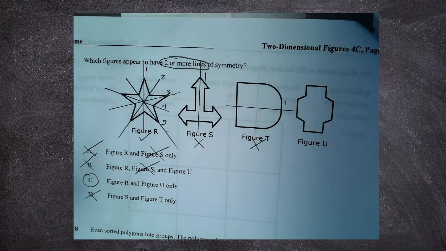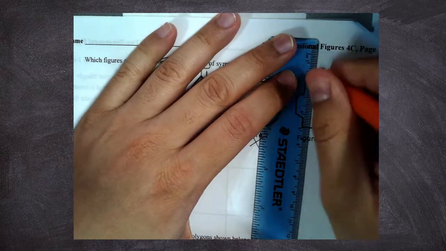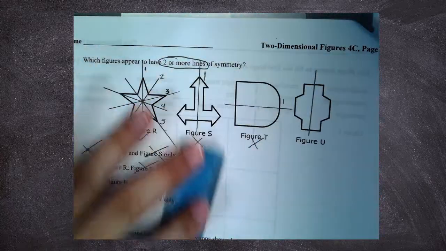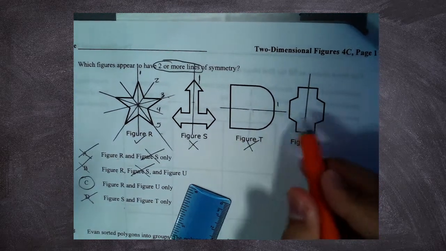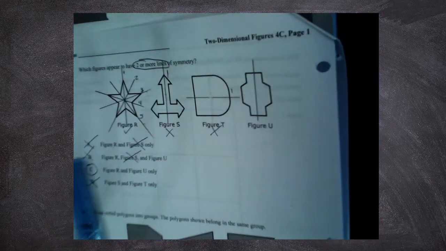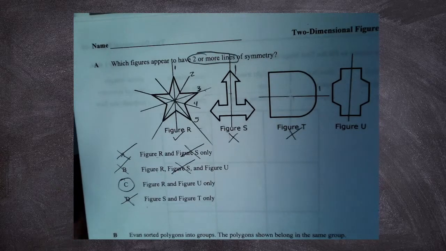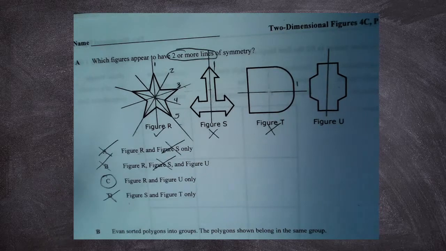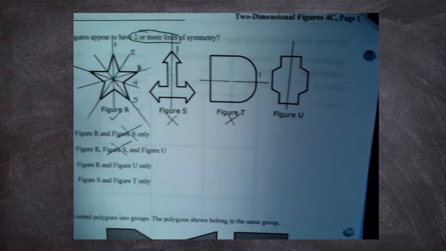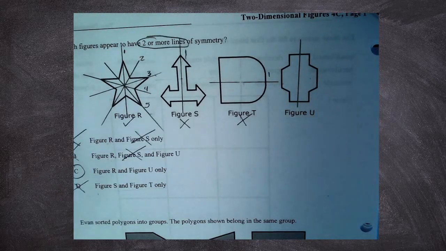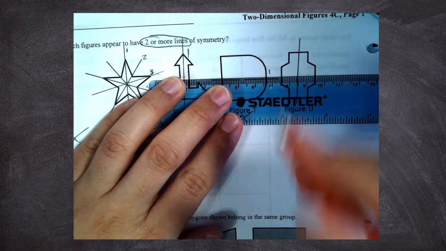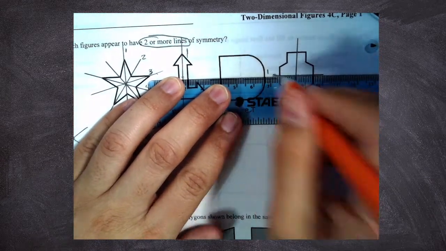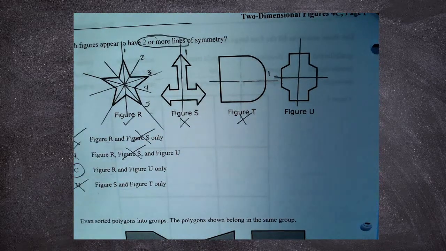Figure U has a line of symmetry vertically, up and down. Both of those sides would be the same. If I drew a line horizontally, I'd also have symmetry.